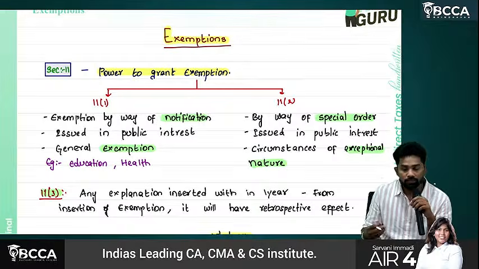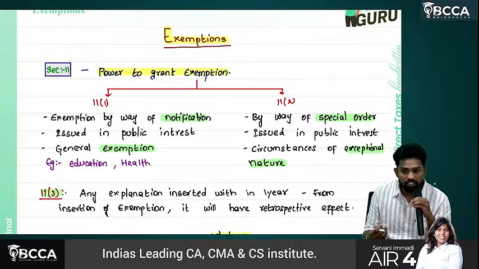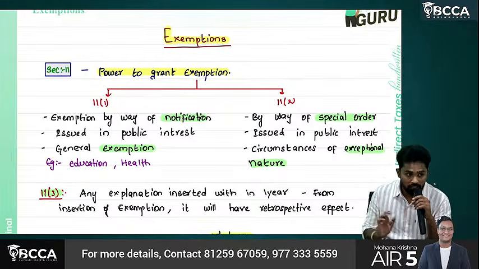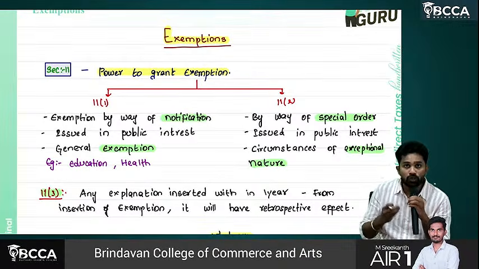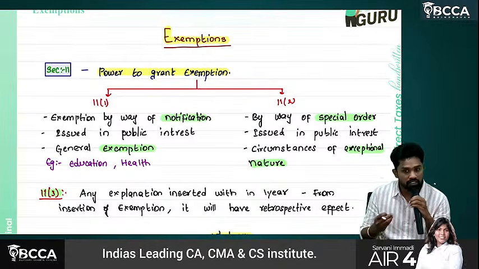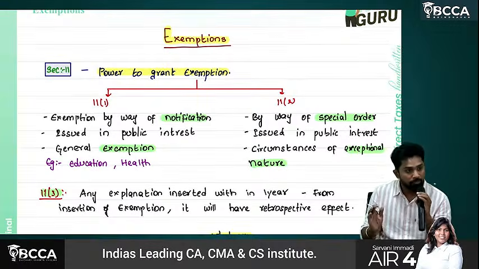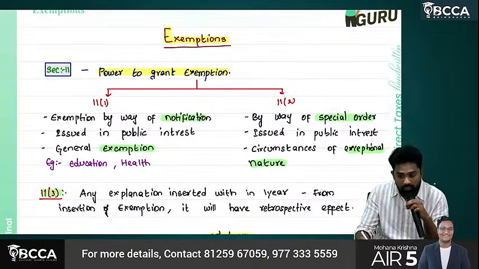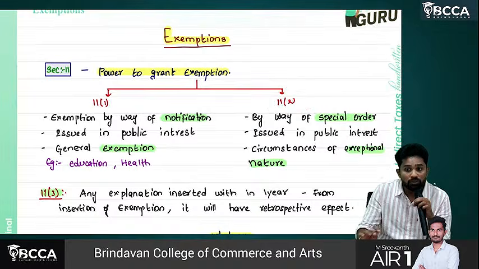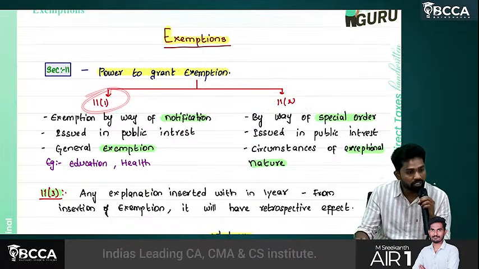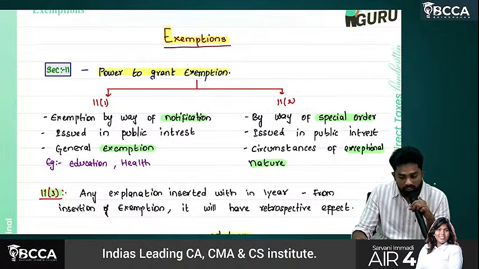Let's say a particular state or a couple of states are suffering because of floods or earthquakes. To provide relief to those states, exemptions will be given for a temporary period. That is under 11 subsection 2, special order, whereas 11 subsection 1 are the general exemptions.